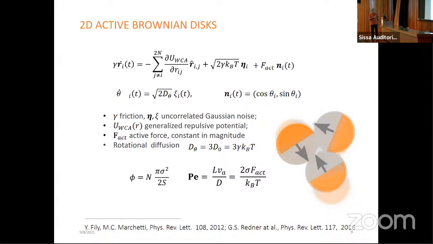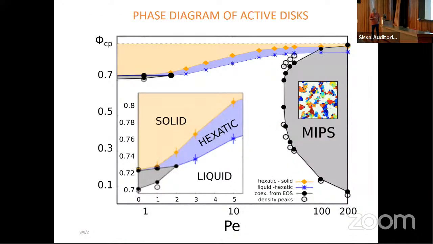So when in the following I show Peclet, you can think of it as the intensity of this driving active force. And so this is the model for active Brownian particles.